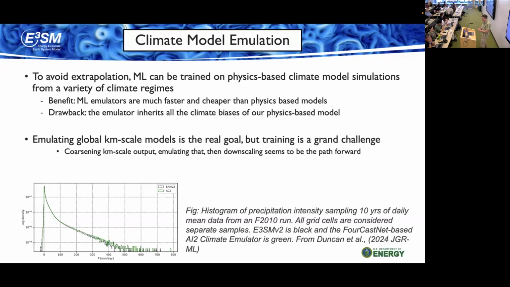I've been doing this for a couple of years now, and what I found that I hadn't appreciated is that if you take a 3-kilometer global model and try to come up with an emulator for it, you'll fail. There are two reasons. One is that these things usually take something like 30 years of 3-hourly or 6-hourly data, a lot of 3D fields, and you just can't save that.